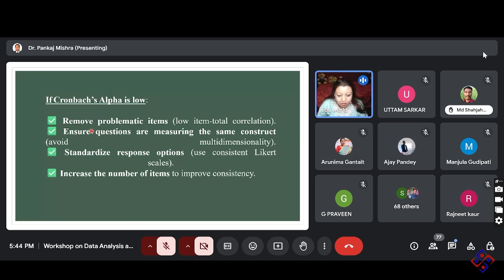As I already told you, if you are conducting your research with the help of 15 items and you have taken 500 or 400 samples, that is not sufficient for your study. It should be a minimum of 25 to 30 items. First you have to frame a minimum of 40 items.